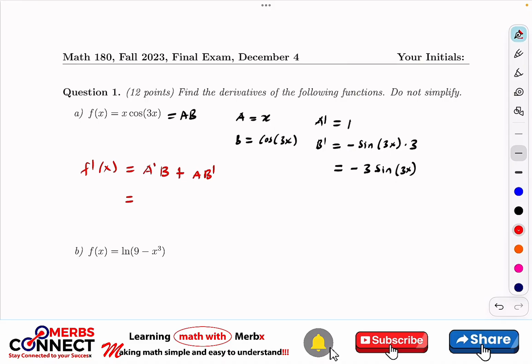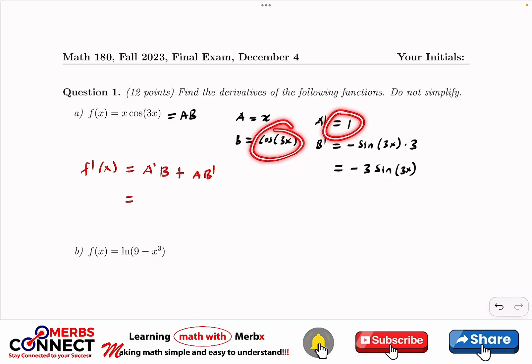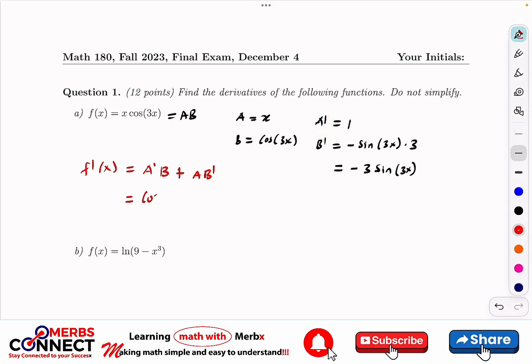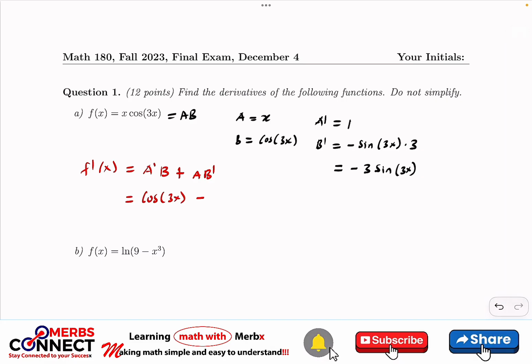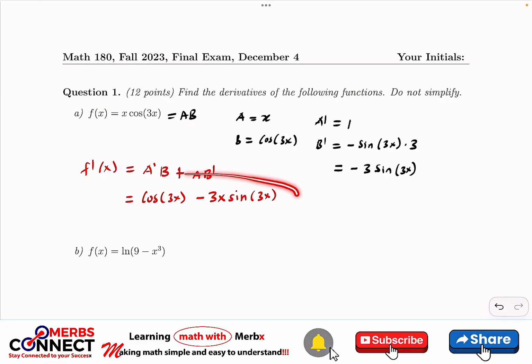So this is going to give us cosine of 3x minus, when I multiply this to this, I'm writing minus because this is minus, right? So that's basically what I'm doing here. So this is going to give us 3x sine of 3x. So this is what we are going to get at the end of the day.